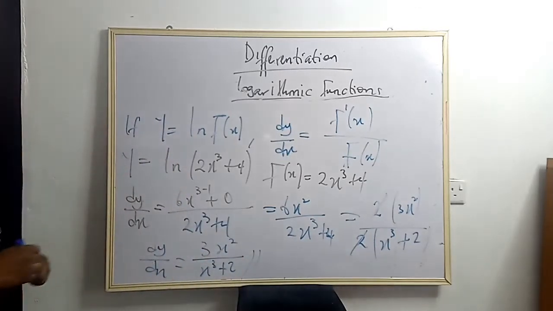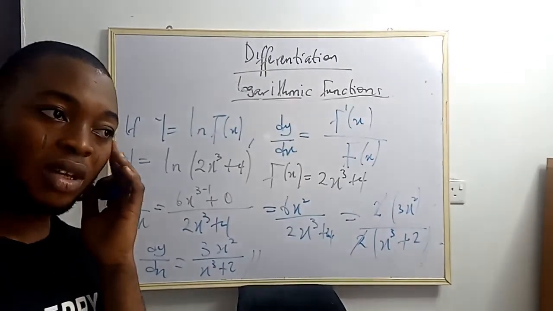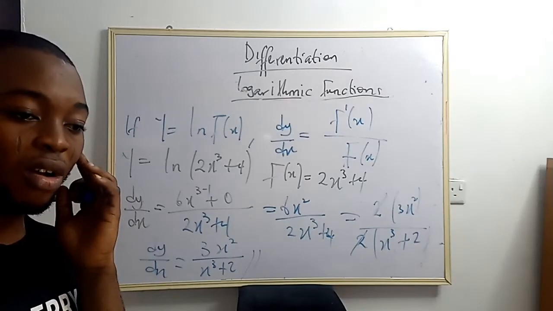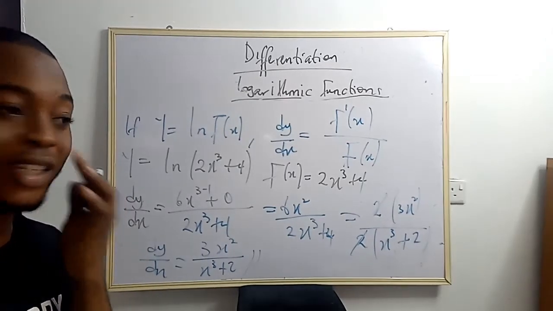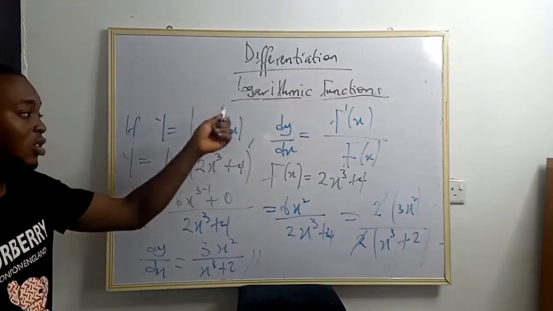That's the derivative of that. You can always apply this formula to any form of function, even if the argument is trigonometry, or polynomial, or any form of function that you have as the argument of the logarithmic function.